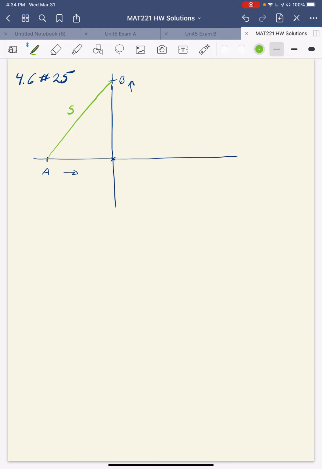Let me go back to the problem again. It says, at what rate is the distance between the cars changing at the instant? It's a particular instant, that's why I need a derivative. I'm looking for the instant when car A is 40 miles from the intersection.